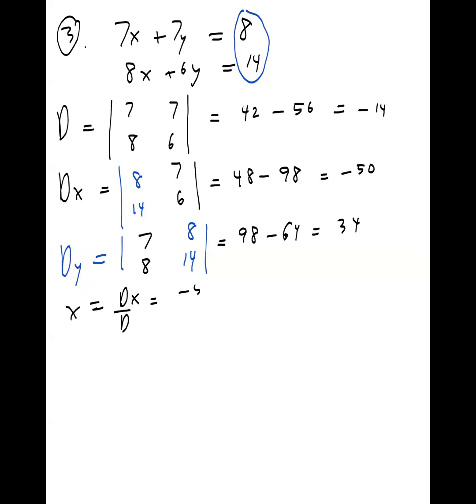It's negative 50 divided by negative 14, which reduces by negative 2 to be positive 25 over positive 7.